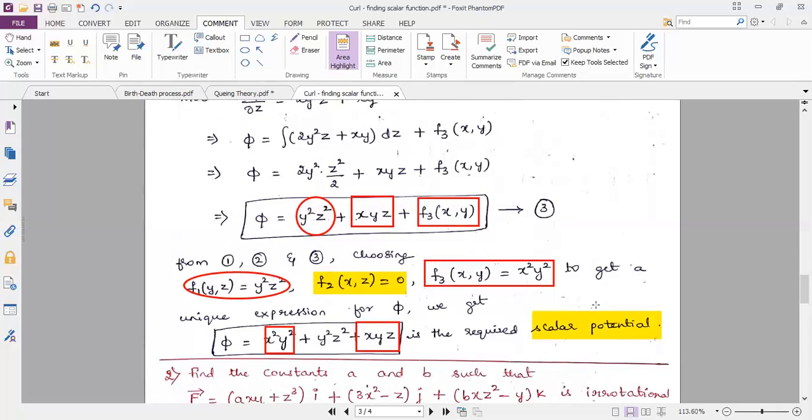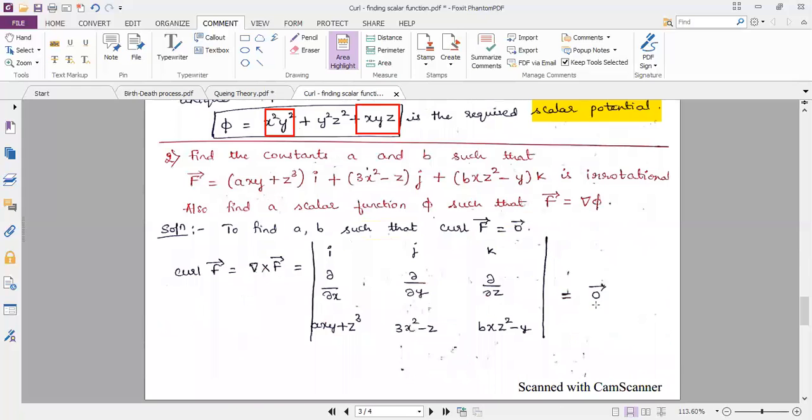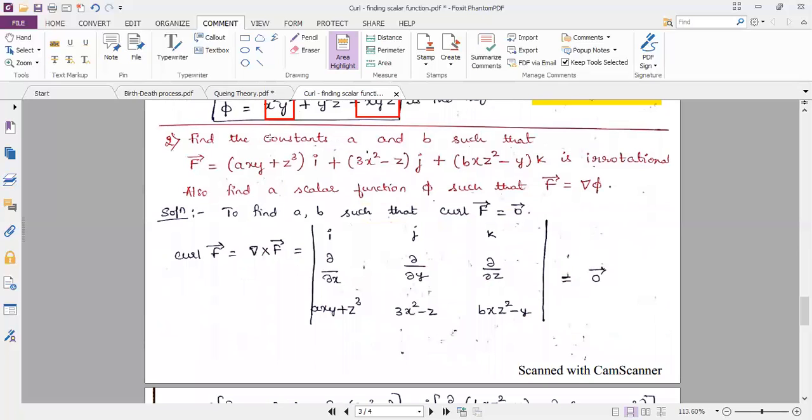We'll see another problem with respect to the scalar potential, wherein we need to find the constants a and b such that the given vector f, that is (axy plus z cube) i plus (3x square minus z) j plus (bxz square minus y) k, is irrotational.